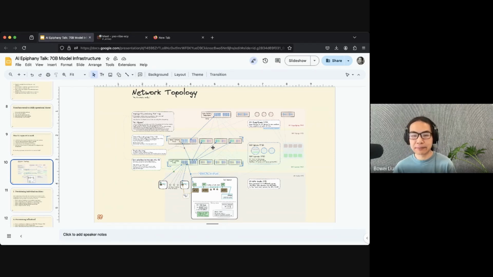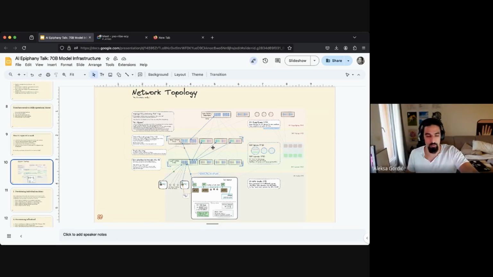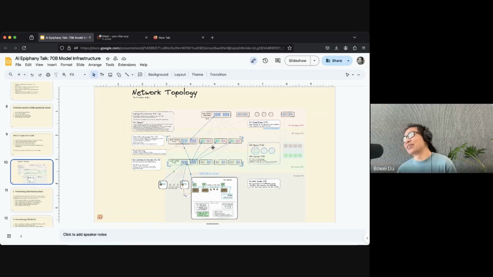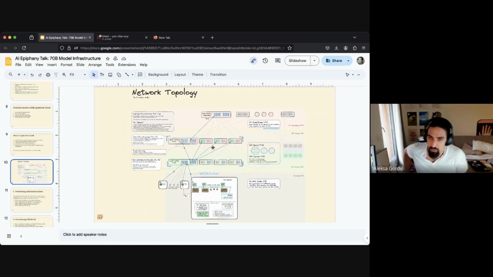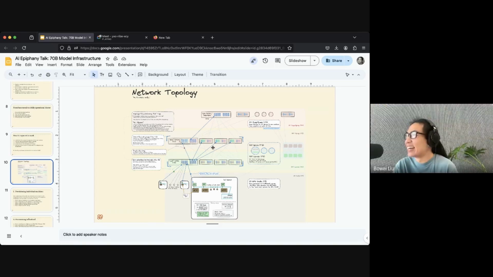Mm-hmm. Why do you think the timers are set by default to a crazy big number, like 30 minutes? Did you ever observe a situation where a packet arrived 29 minutes after the... Okay. No. So I think one thing that people do is, in some instantiations of the training loop, they'll do an NCCL all reduce, and then in the middle of that there'll be an upload of your weights.